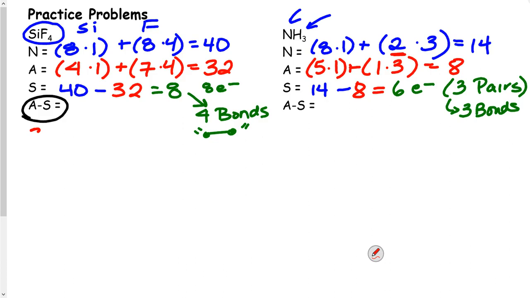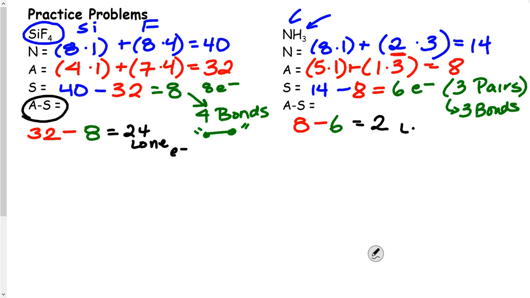In this case, we have 32 for A. We subtract our S value, which is 8. 32 minus 8 is 24, which means we have 24 lone electrons. We'll do the same for the next one. A minus S: 8 for A, minus the 6 we calculated for S, equals 2 lone electrons.